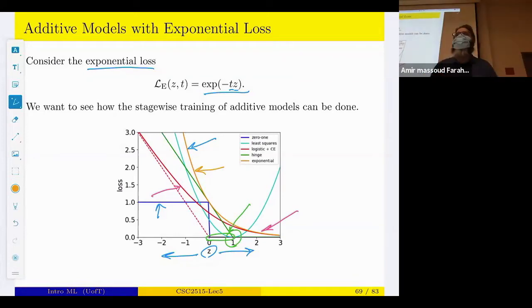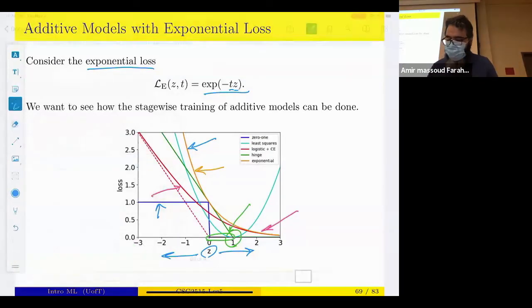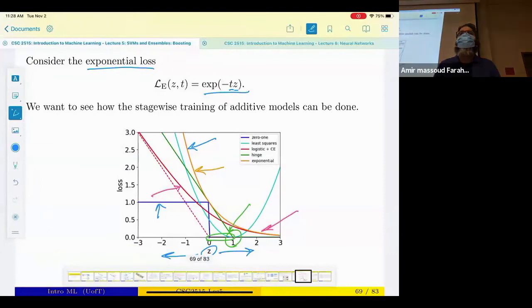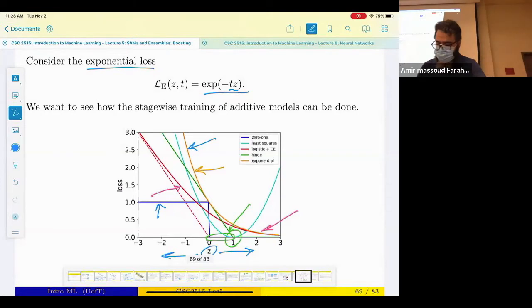So this is another loss function for classification. And you see that it leads to interesting behavior. Any quick question? Okay.